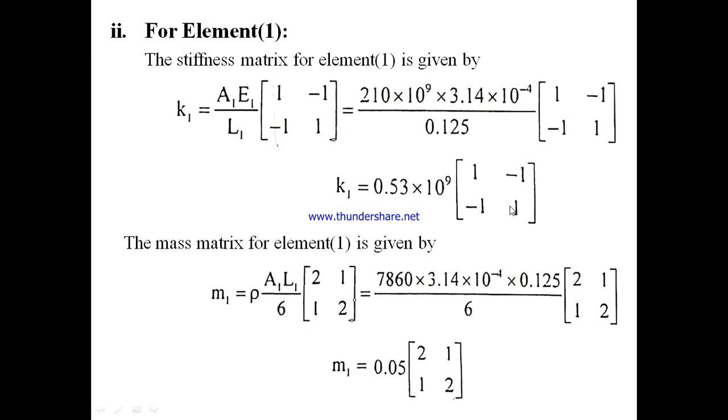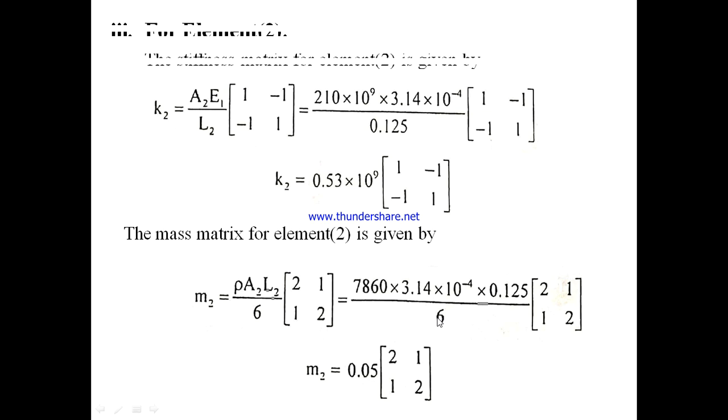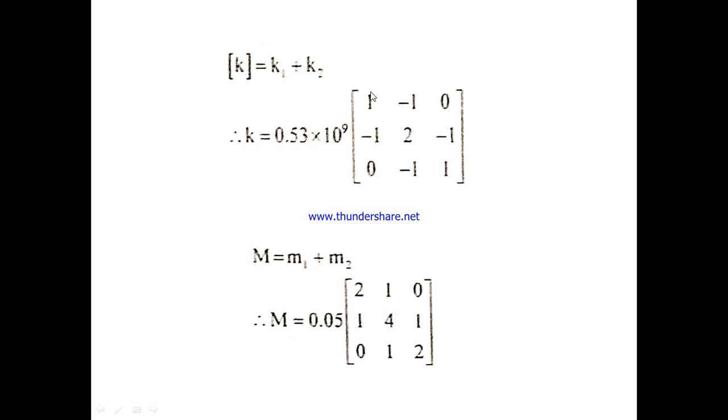The lower diagonal value of the first element and the upper diagonal value of the second element are both added. So here the upper triangle and lower triangle remain the same, and in the center it is added. The same way here the upper triangle 2 1 1 2 should be there, and here 2 1 1 2, here also 2 should be there. So 2 plus 2 is 4 and the remaining thing becomes 0.